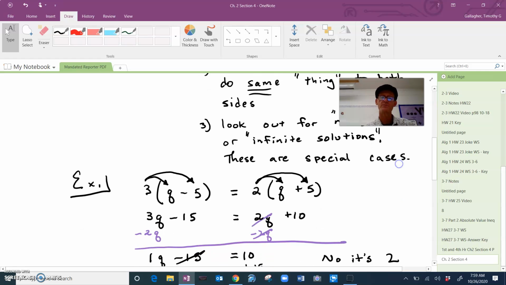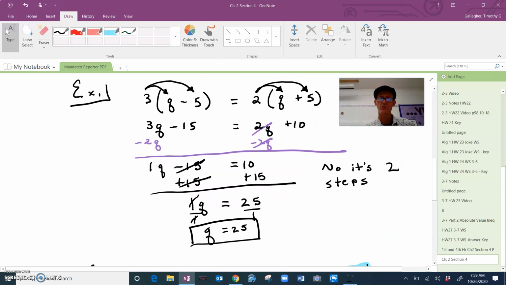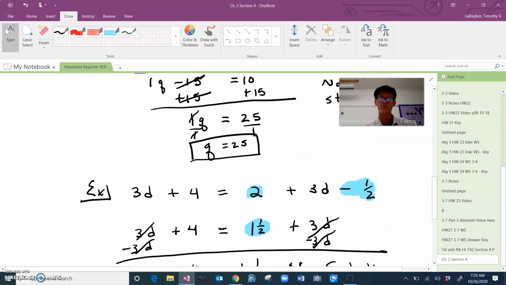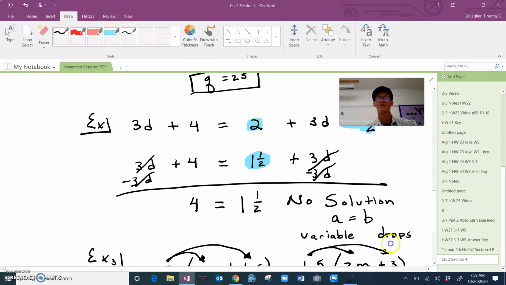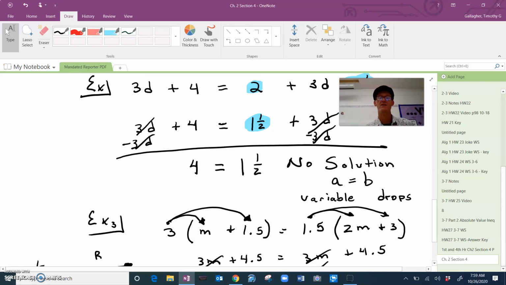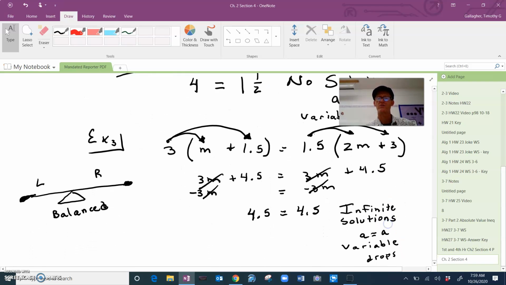In the first example we got q equals 25. In the second example we got 4 equals 1.5, which is incorrect, so that's no solution. In the third example we got 4.5 equals 4.5, which is infinite solutions. All right, have a good one.